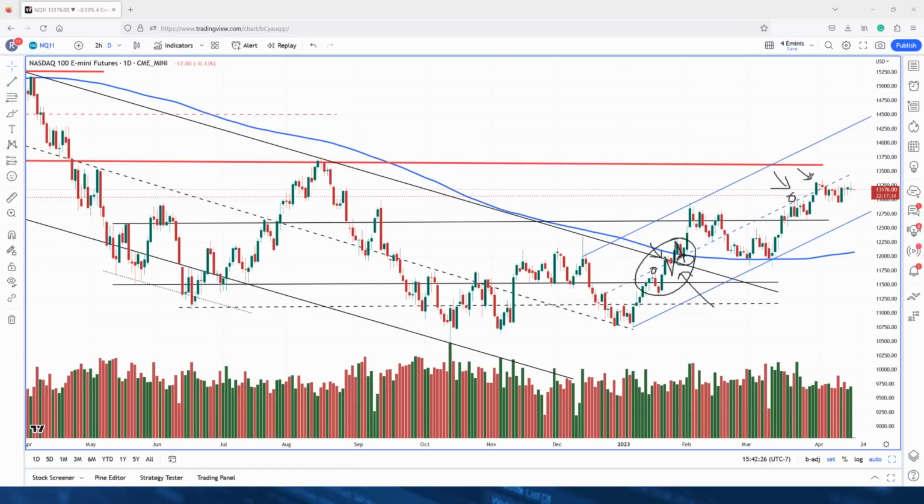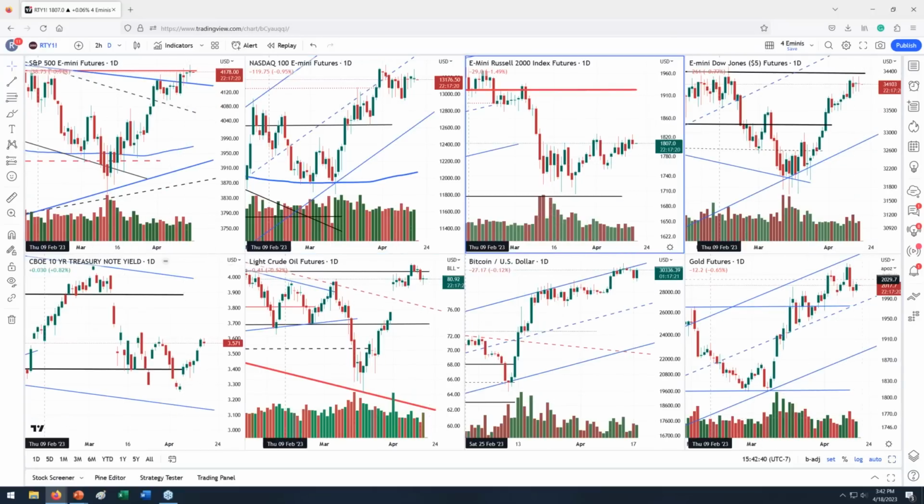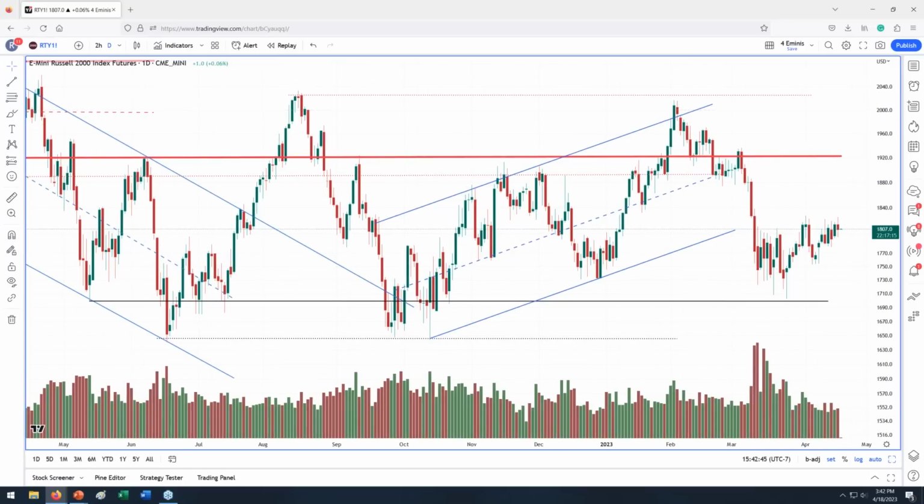To a touch, a close. Could we overcome this, use it as a support, and then go up again? We'll have to see. But the more advanced structure for NASDAQ and tech stocks have been very favorable in this environment where there is a switch from value back to growth.